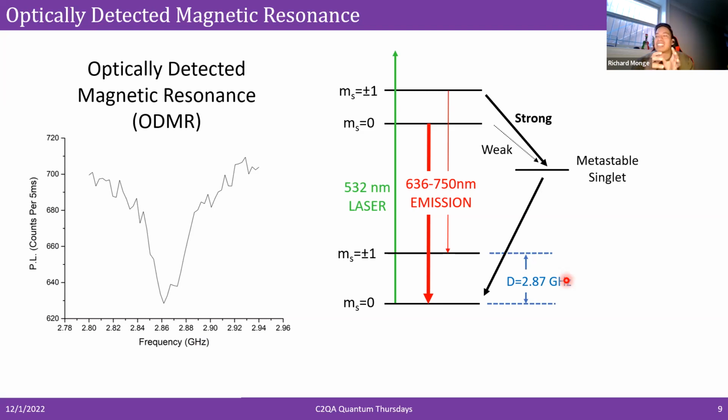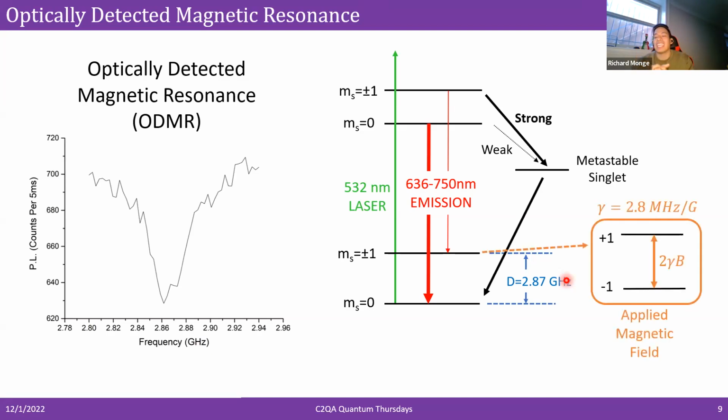And we can take this a step further and apply a magnetic field and observe the Zeeman splitting. From here, we can quantitatively obtain the magnitude of the magnetic field. You can see the splitting there. Also, another powerful tool is that from the position of these peaks, one can calculate the orientation of that field with respect to the NV axis.